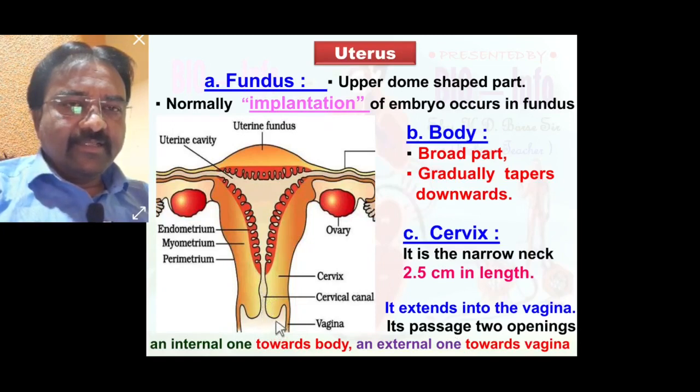See here in detail, the cervix has two openings. The internal one opens into the body and the external one opens into the vagina. So here we discussed all three parts of the uterus: fundus, body and cervix.